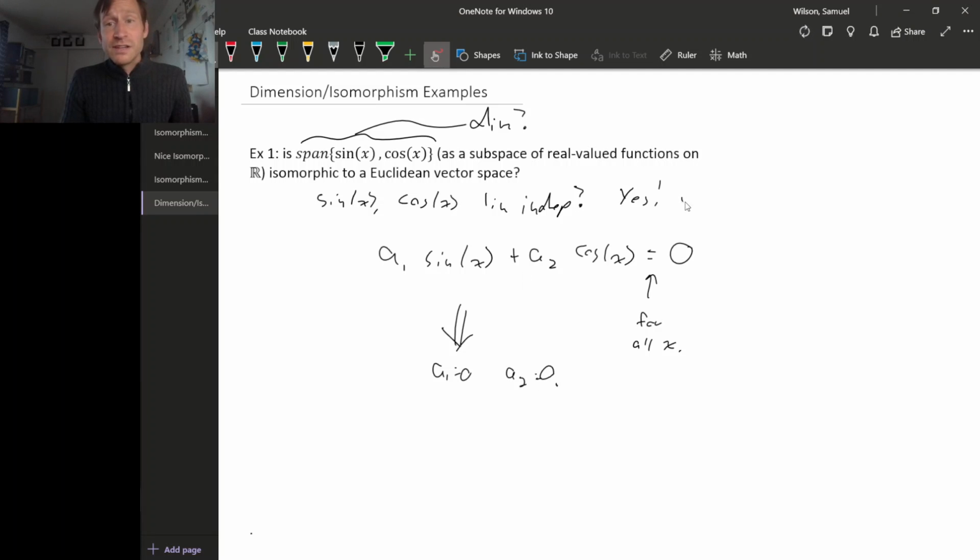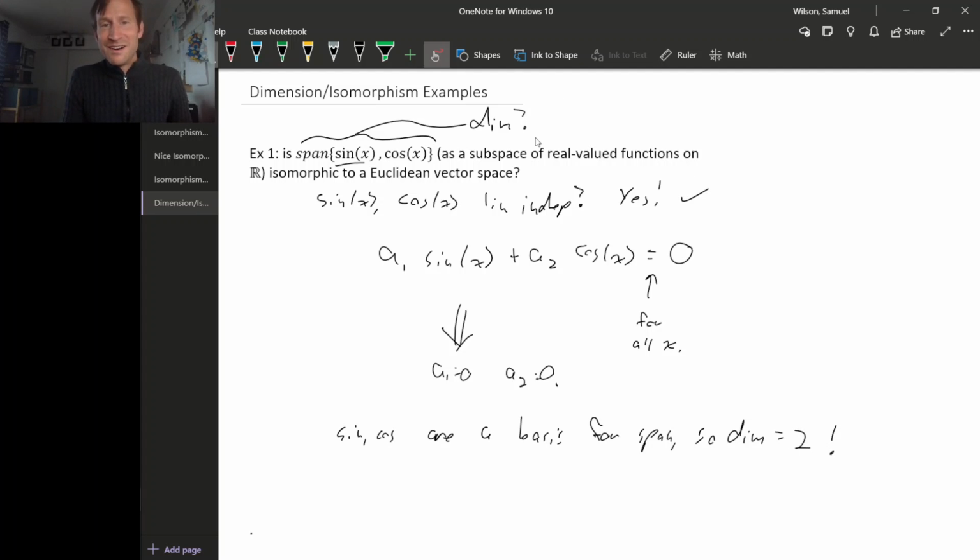So these are linearly independent. So these two functions, sine and cosine, are a basis for their span. So the dimension of this span is 2.